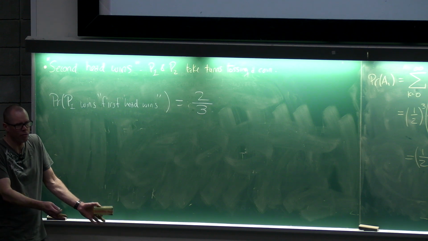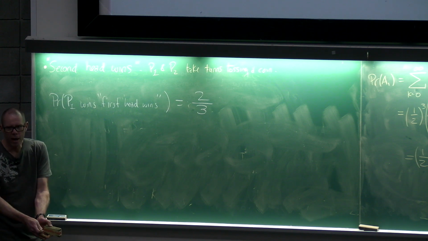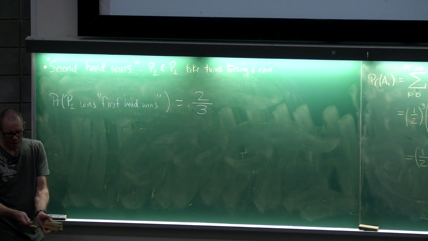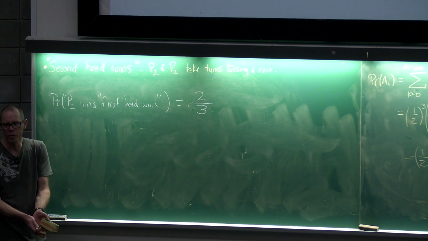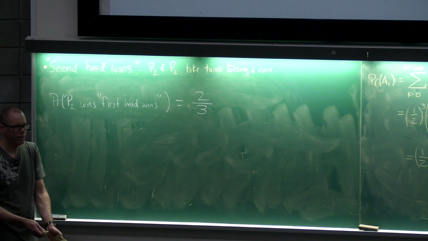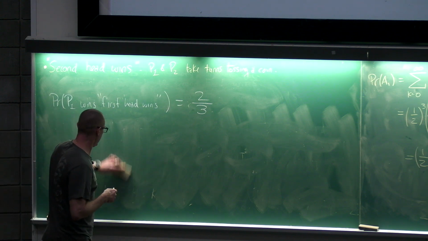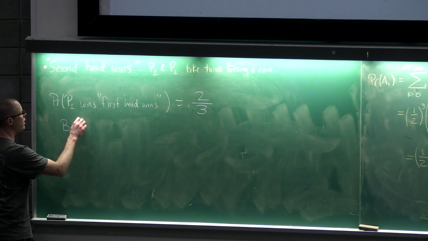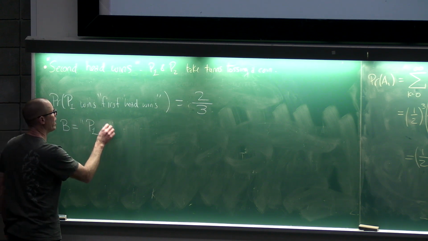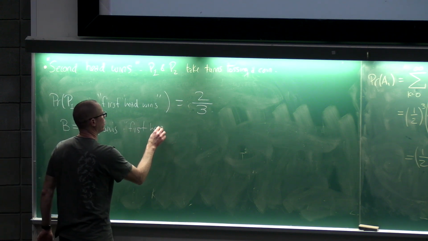Once the first round of first head wins is over, that means the first coin came up heads. Now you play first head wins, but the only difference is maybe now player two is the one holding the coin. So let's say B is the event that P1 wins first head wins.